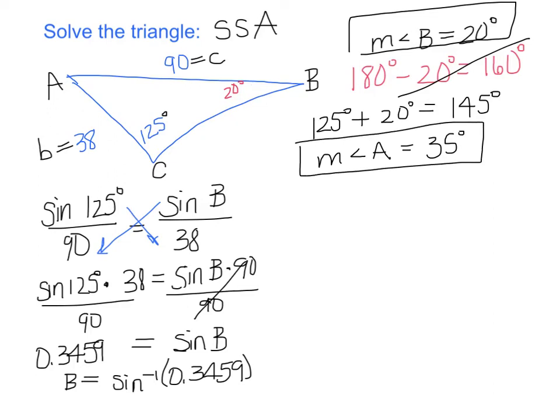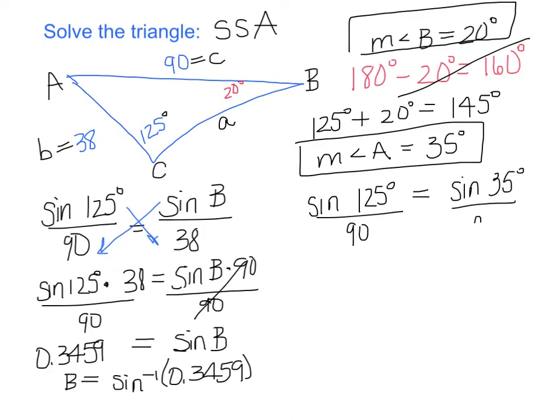And the only other side I'm missing is little a. So I'll do sine C again. It doesn't matter which one you use. Sine of 125 over 90 equals sine of 35 degrees over A.